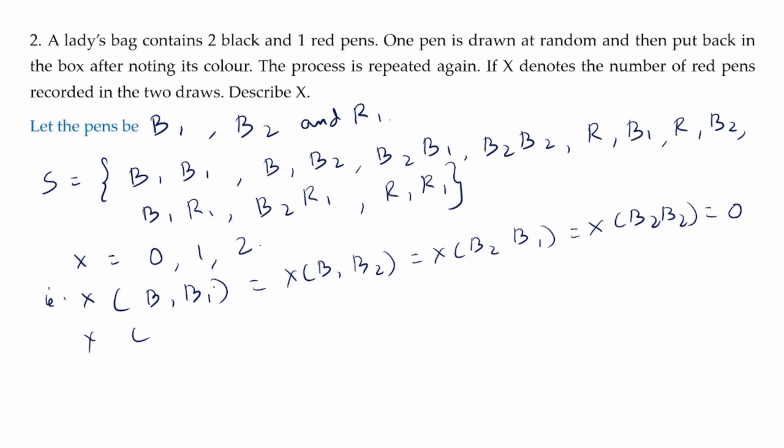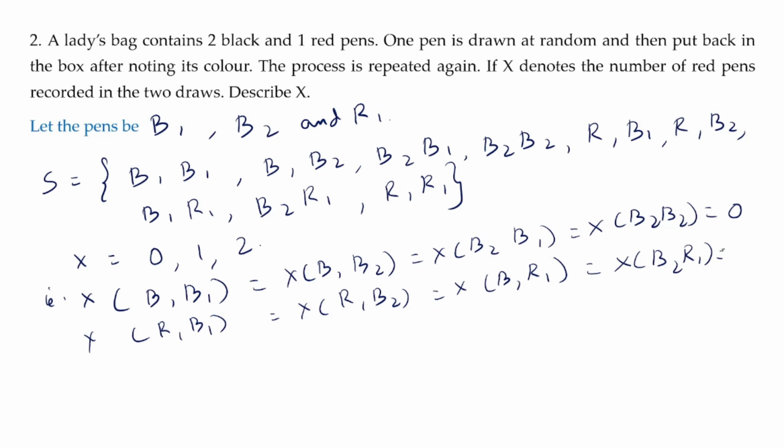Then in these cases where one red pen is possible, X of R1 B1, R1 B2, B1 R1 and B2 R1, in all these cases the value which X takes is 1.